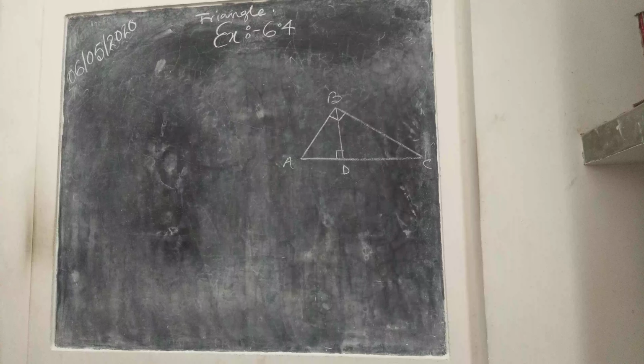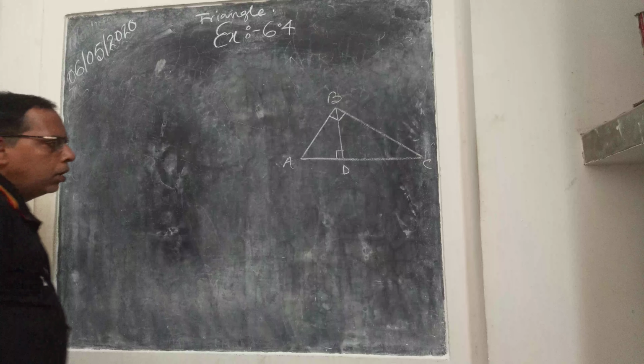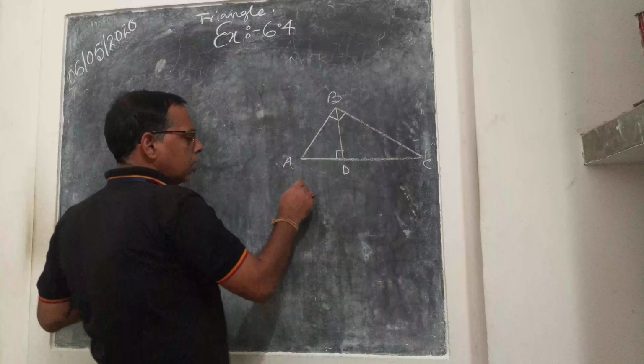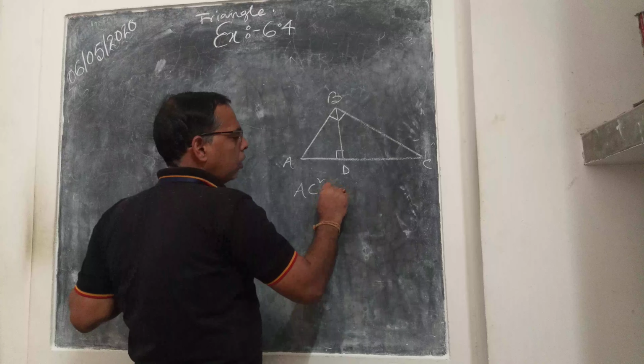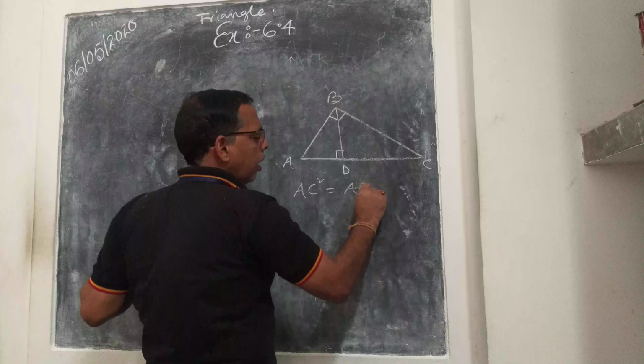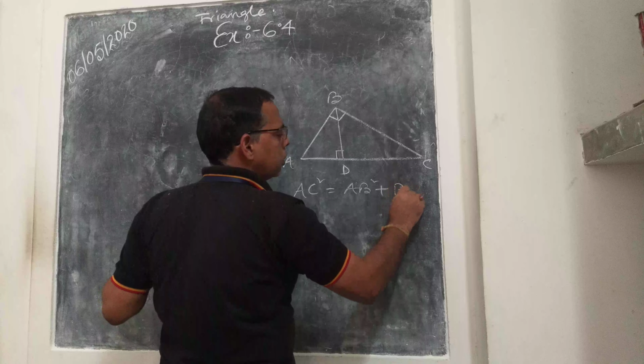Now they are asking: in a right angle triangle, the square of the hypotenuse is equal to the sum of the squares of the other two sides. That is, you have to prove that AC square equals AB square plus BC square.